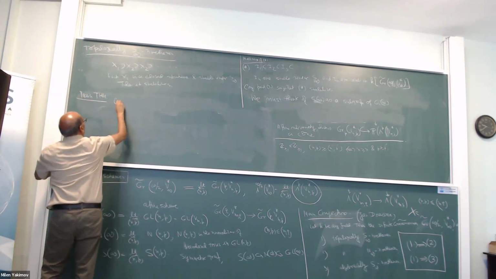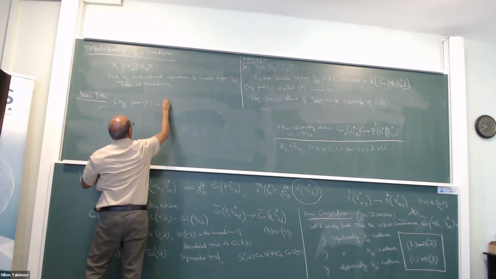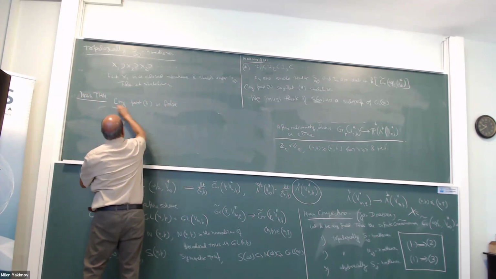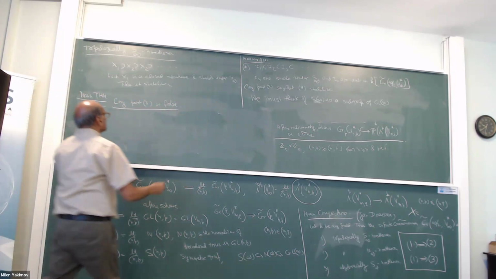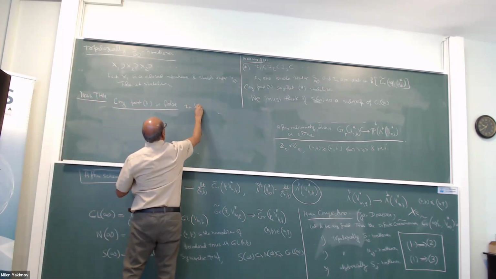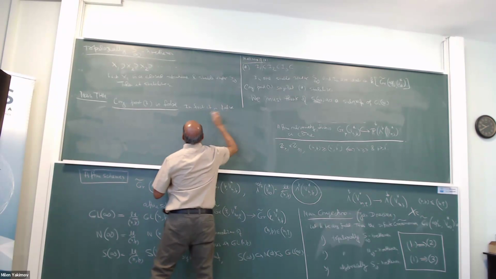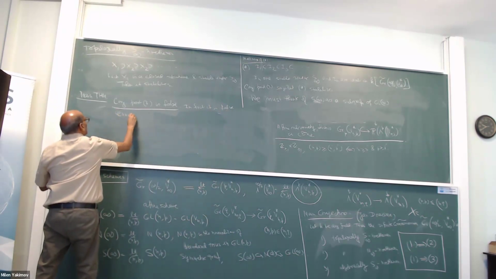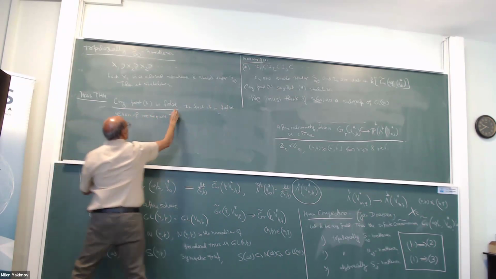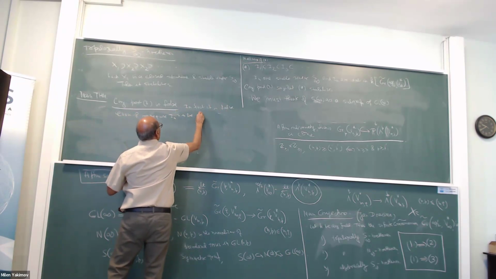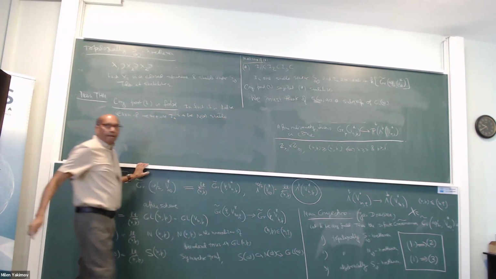So, conjecture part 3 is false. And not only is it false, it is false even if it may require the ideals to be N infinity stable.